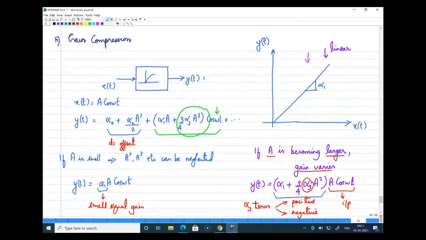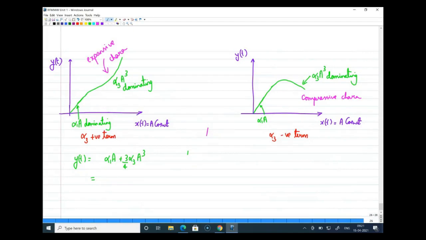But now if your a increases, the gain also will change, and that variation in gain depends on the term alpha 3 here. Alpha 3 can be positive or negative. If it is positive, it will show expansive characteristics, and if it is negative, it will show compressive characteristics.